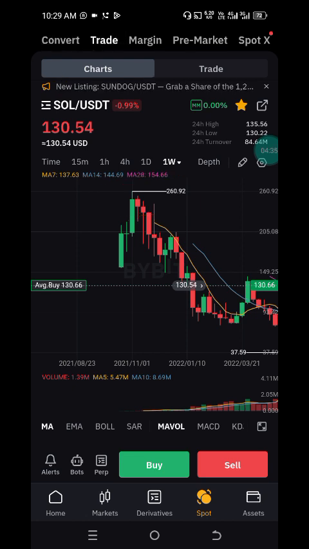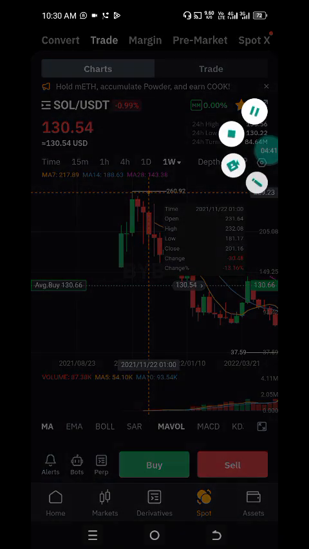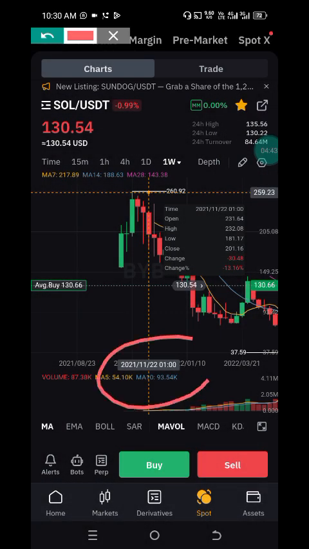What is the date that Solana hit this price? If I press the area, it will tell me the day, month, and year. On the 22nd of November 2021, Solana reached $260.92.